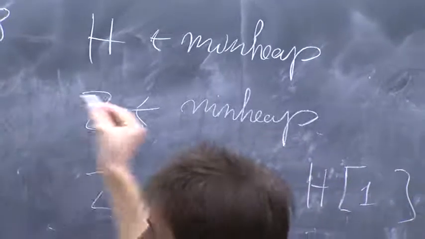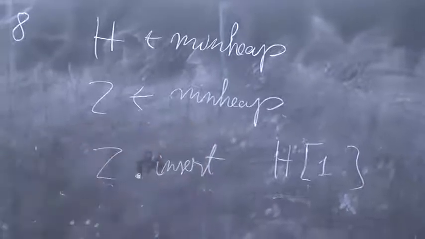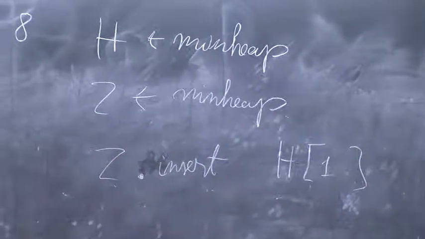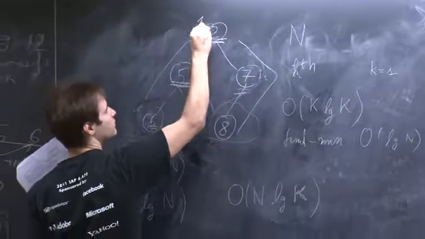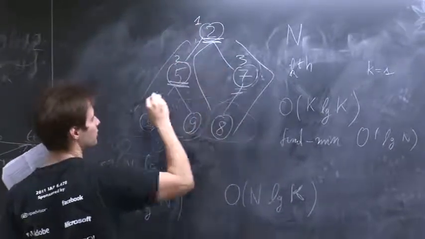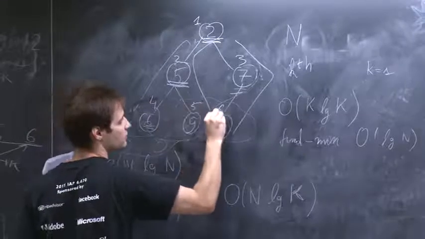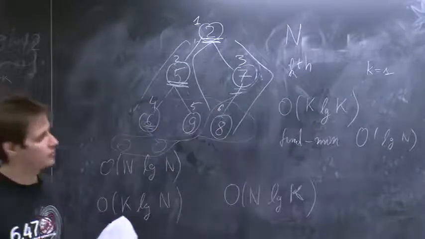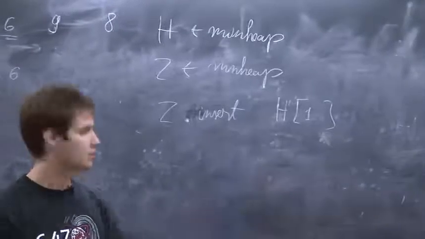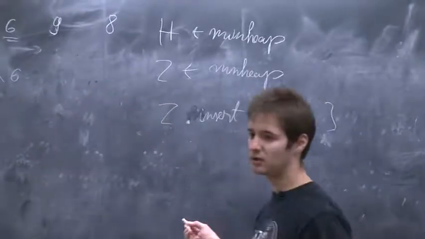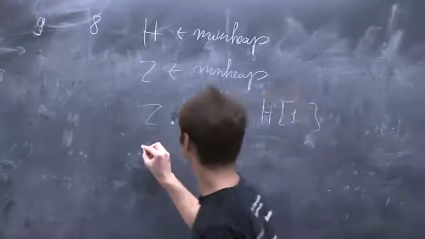Remember that heaps are actually arrays. I hinted this earlier. So these nodes have our elements in an array. So this is the first element, second, third, fourth, fifth, sixth. So we're using array-backed heaps, and H of 1 is going to be the root. Then I'm going to compute the first k elements like this.